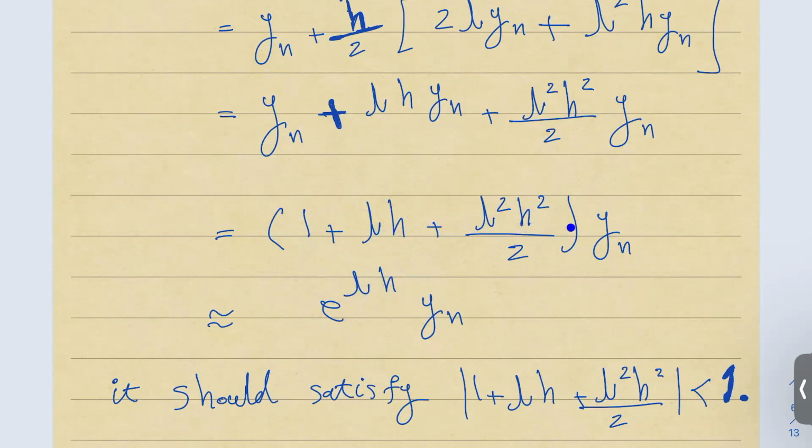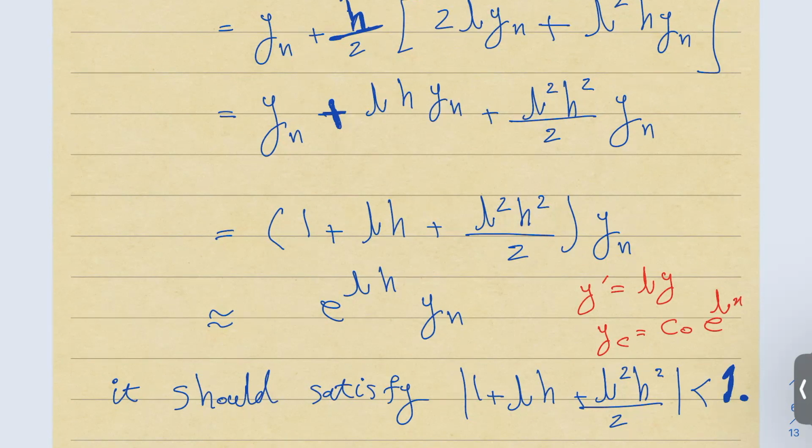To get the exact number, it should be until infinity, this guy here. All right, but however, we know that y prime equals lambda of y, the exact answer is C0 e to the lambda x.